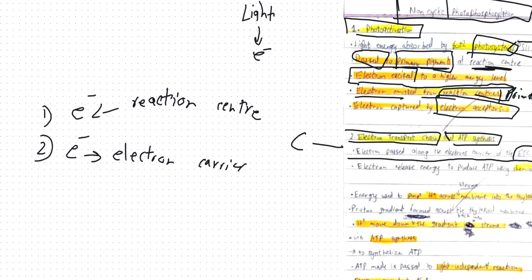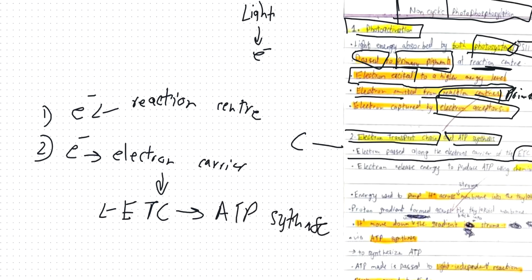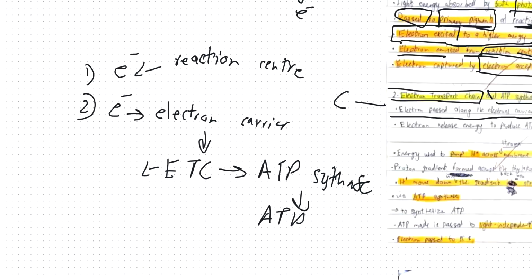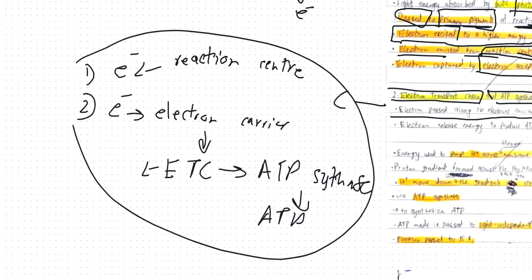These electron carriers take the electrons to the electron transmission chain, which is also found in mitochondria. This electron transmission chain has ATP synthase, and ATP synthase will synthesize ATP. All right, so this was basically the summary of the first reaction, the light dependent reaction.